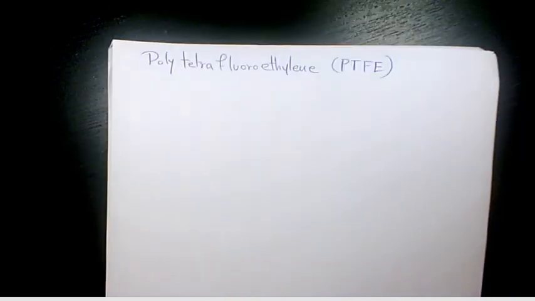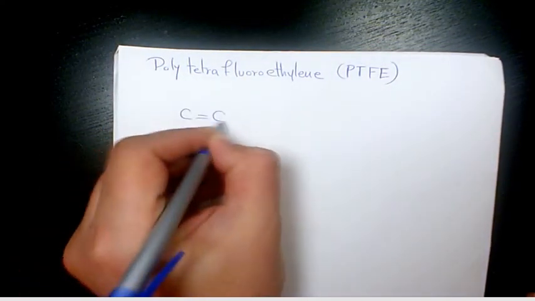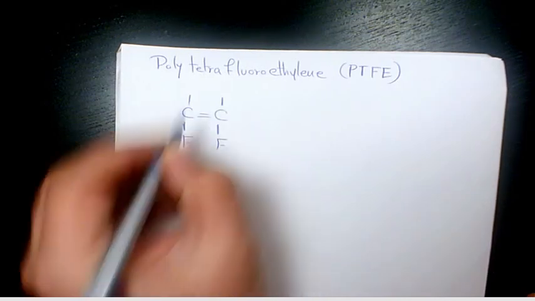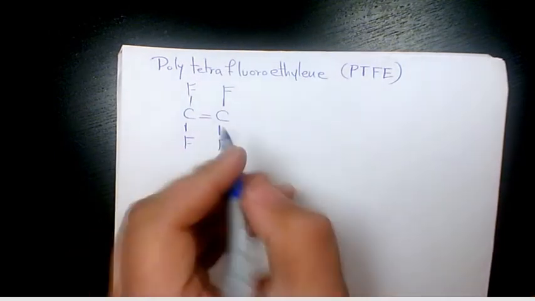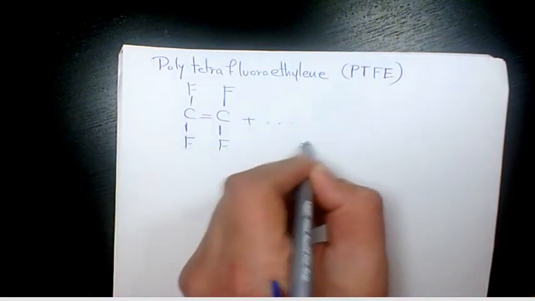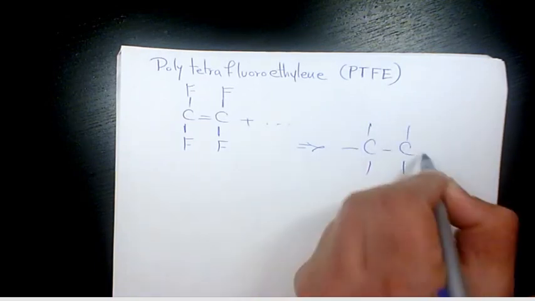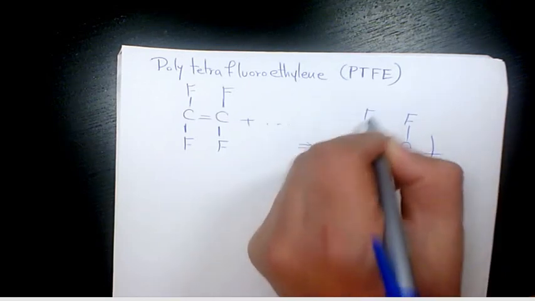Next one is polytetrafluoroethylene or PTFE, and the monomer of this molecule is again in this form. Instead of hydrogen atoms, we have all fluorine. So when they are reacting to each other, it's going to produce PTFE or polytetrafluoroethylene.